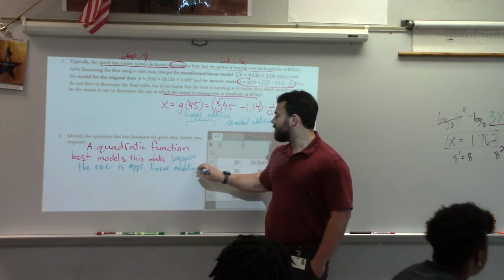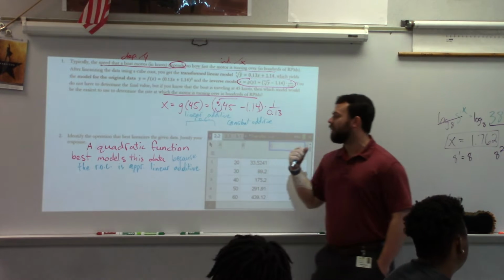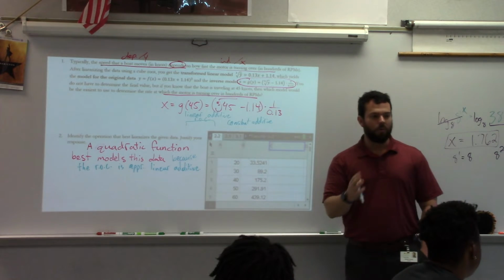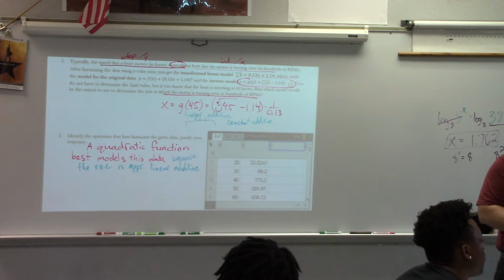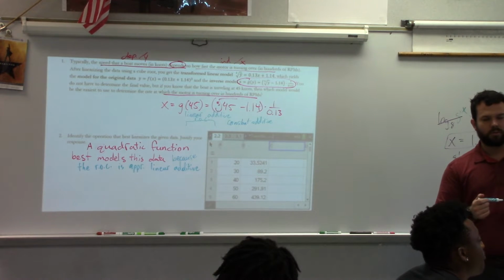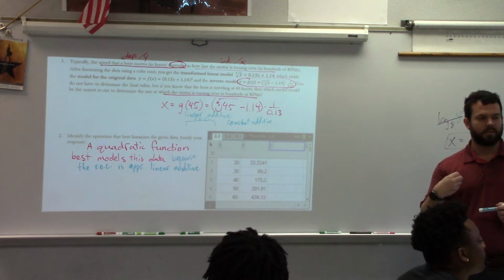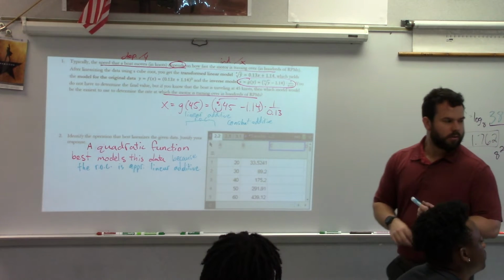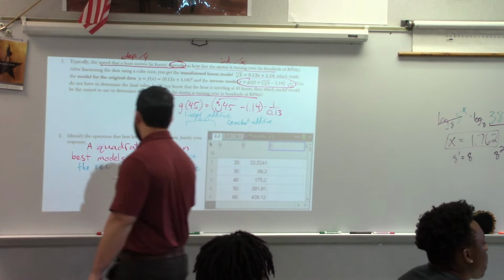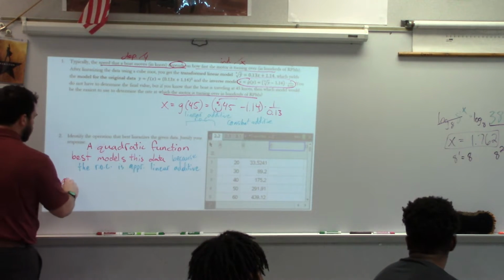But notice all I've done at this point is identify what would model this data, what would linearize something that's quadratic. Remember, a quadratic has what parent function? X squared. So what would linearize that? That's what we would want to notice here.